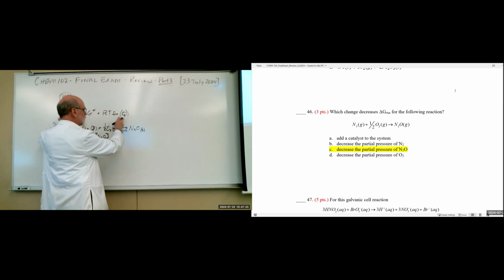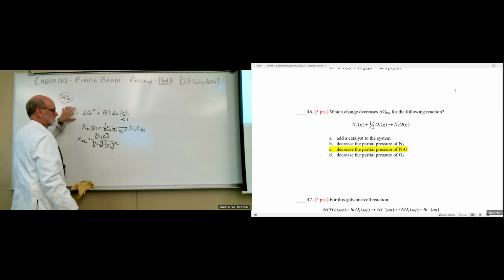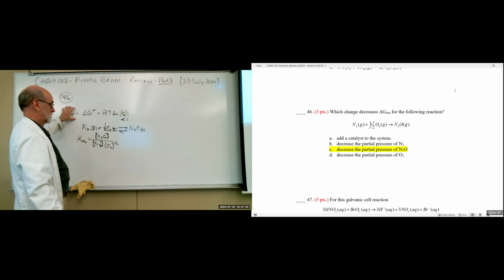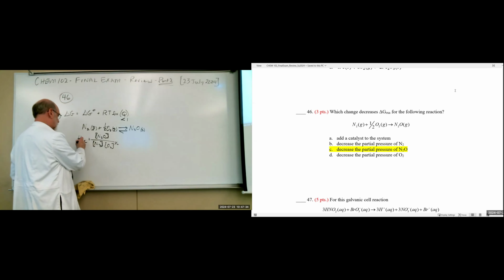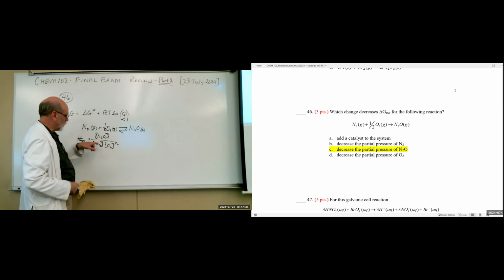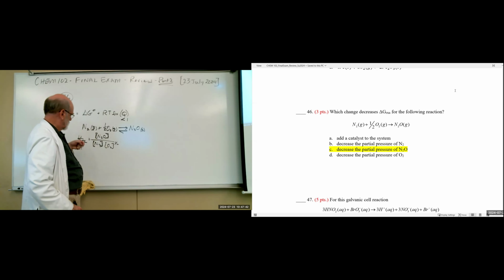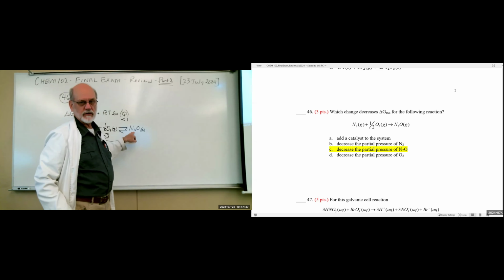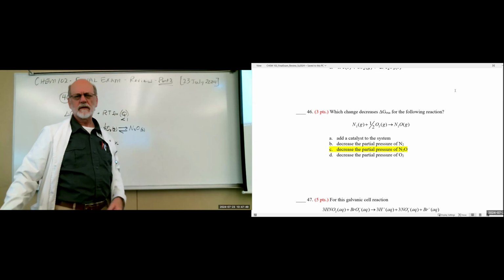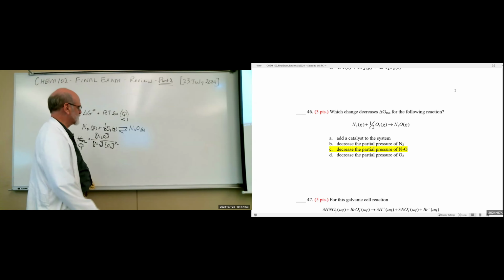So that means Q would have to be less than 1. To make Q less than 1, N2O would have to decrease, and these would have to increase. So we decrease N2O. Oh, duh. That's what the answer is. Decrease the partial pressure of N2O.